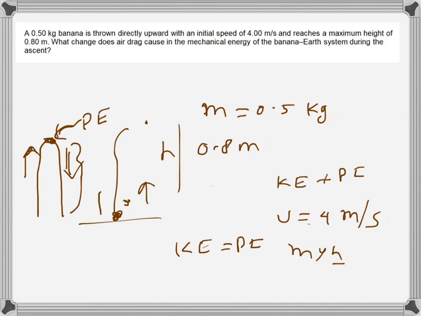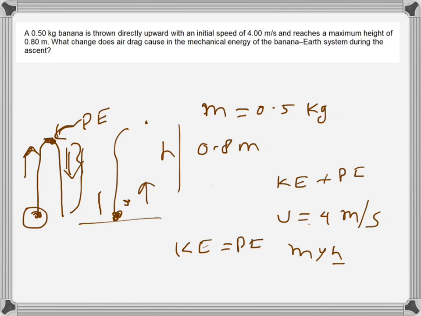So again, the mechanical energy is still the same, because this is the kinetic energy with which it started, half mu square. And when it reaches here, all that initial kinetic energy is converted into potential energy. In between, kinetic energy is decreasing and potential energy is increasing, and when it's coming down again, potential energy is decreasing and kinetic energy is increasing, and so on.